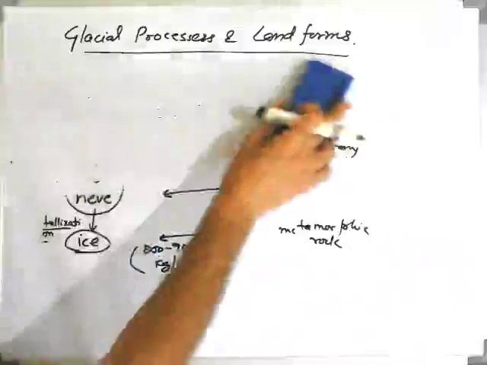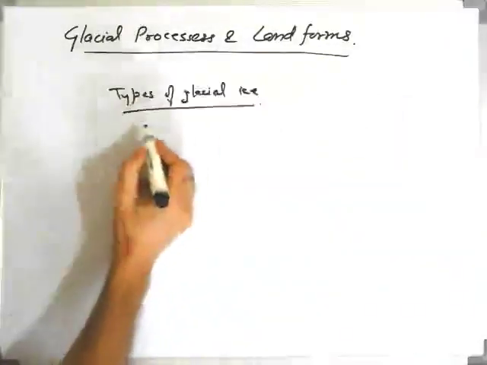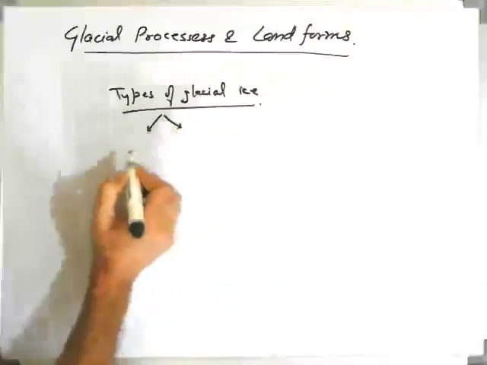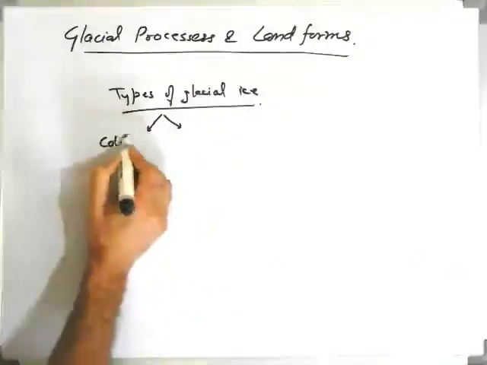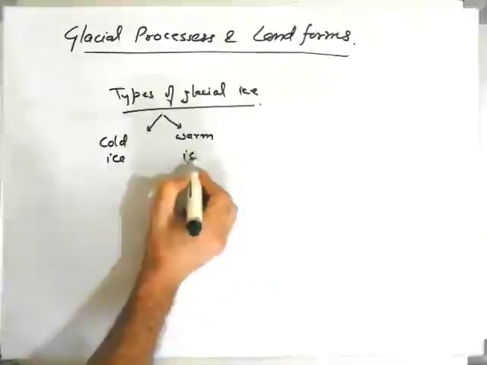Now let us come to the types of glacial ice. Glacial ice is usually of two types: cold ice and warm ice.